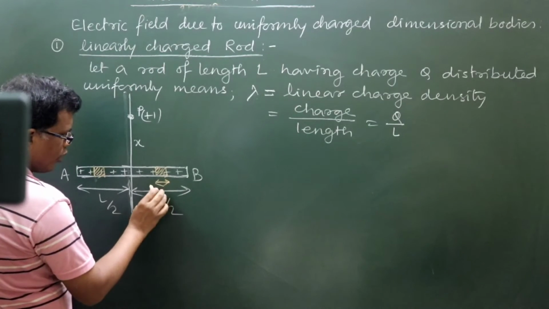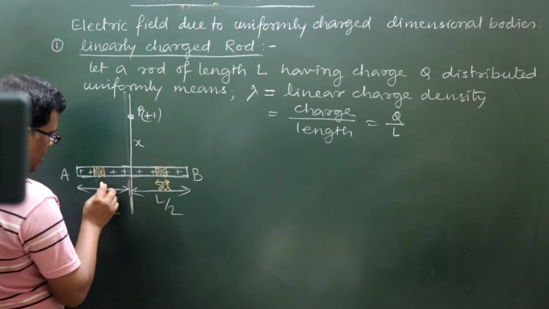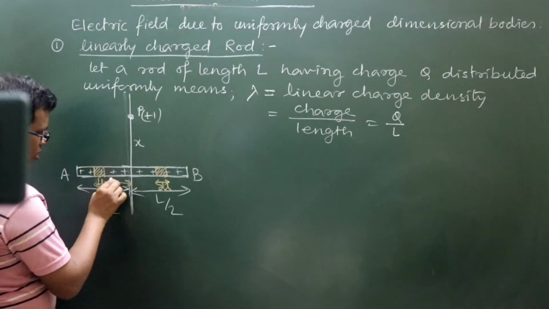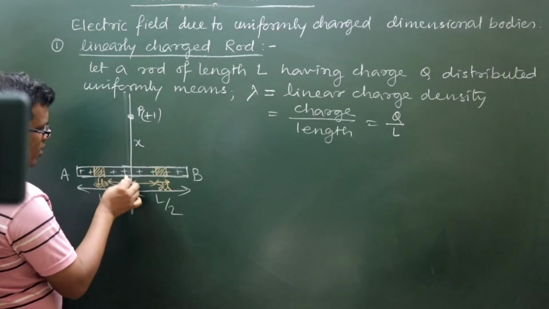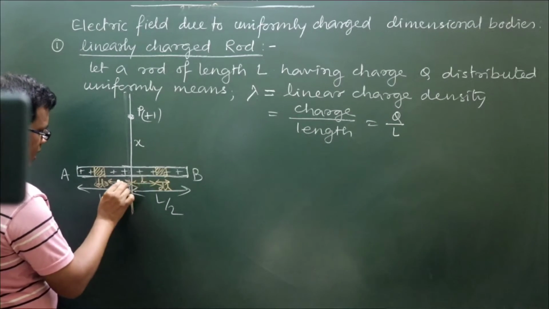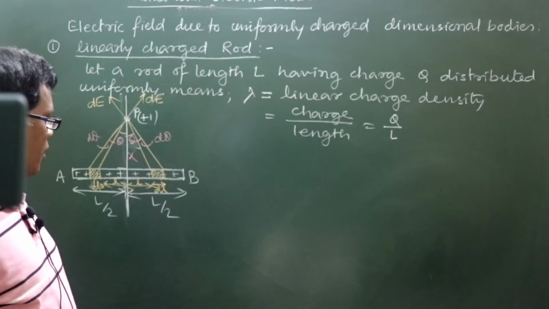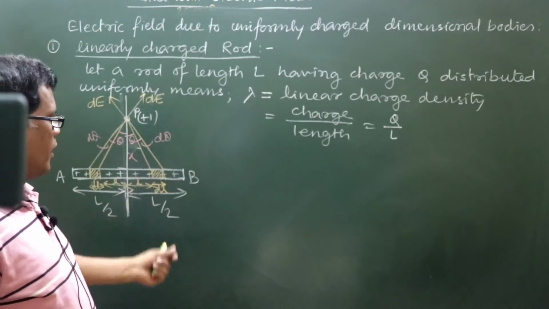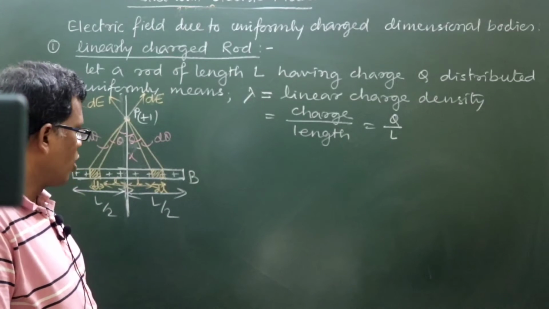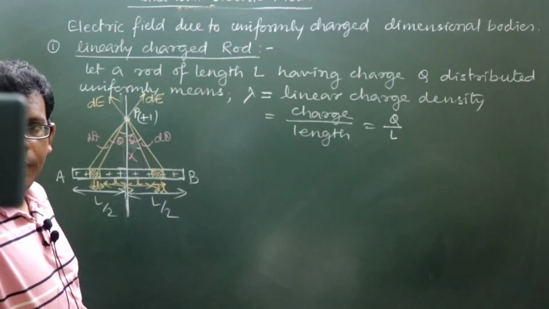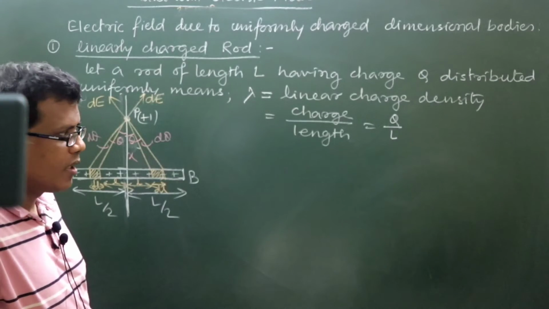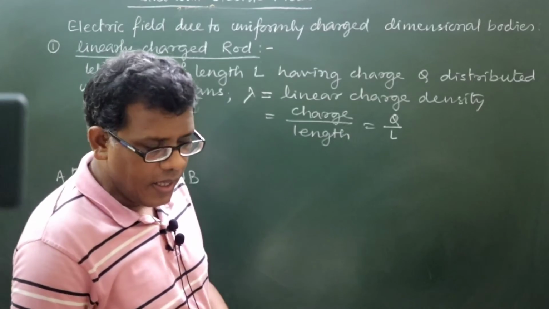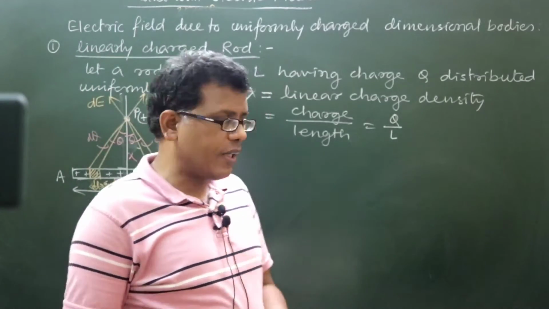Let these be two small sections of length dl each, right? And they are on either side of the bisector line. So there are two identical small element parts taken on the rod on either side of the bisector line. These element parts are lengthwise available, but being very small, they can be treated as good as a point object, right?